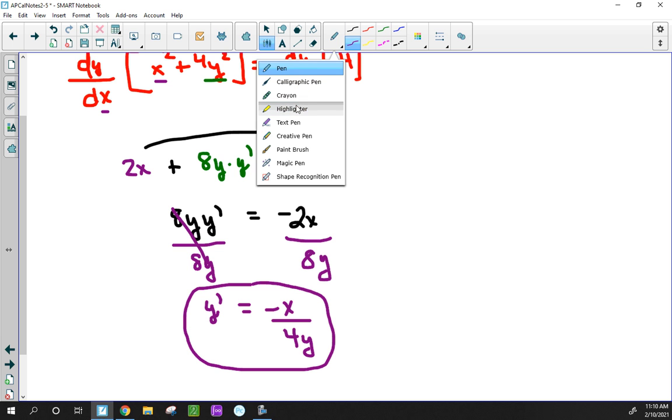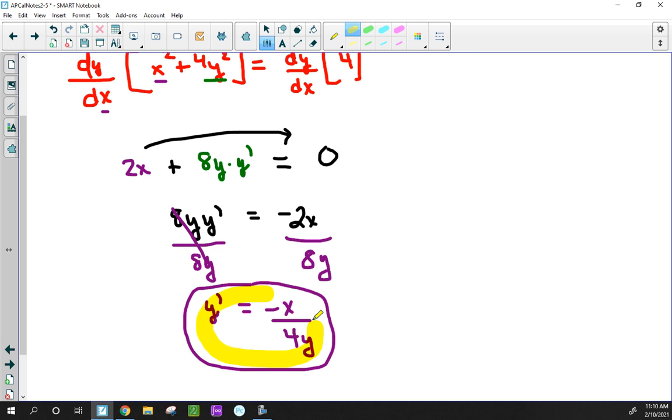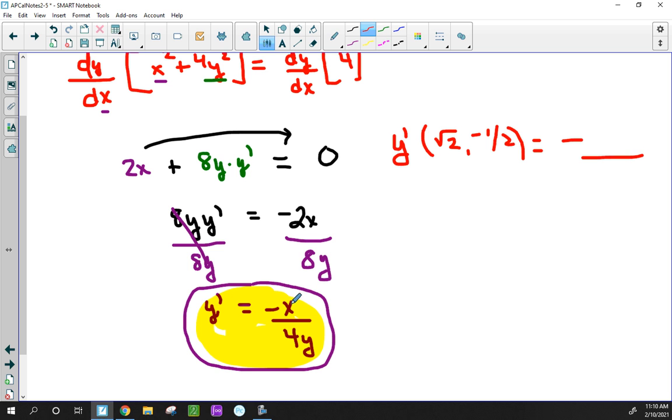And then we're going to go back. We got the first part. We're going to go back and find the slope at that location. So y prime at the point radical 2, comma, negative 1/2. Okay, all right, so let's see. It's going to be negative, the x is radical 2, divided by 4y.